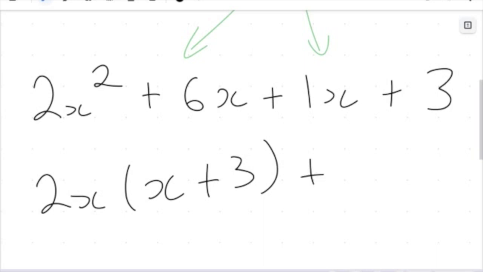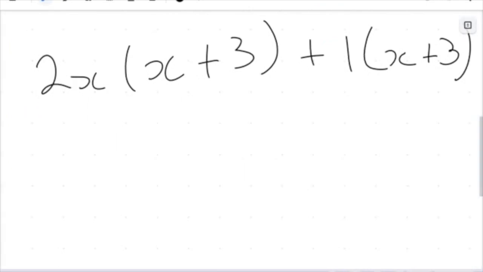And here I can take 1 out as a common factor of both. Remember, I can take 1 out as a factor of any number when I don't have any other commonalities between here and here. And what I'll get in this bracket is x plus 3.